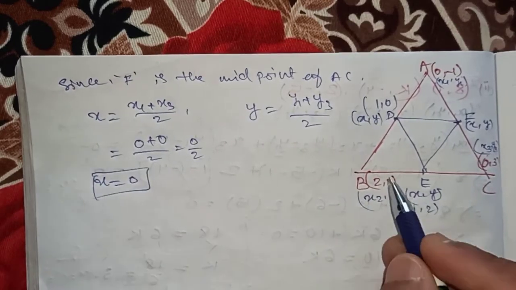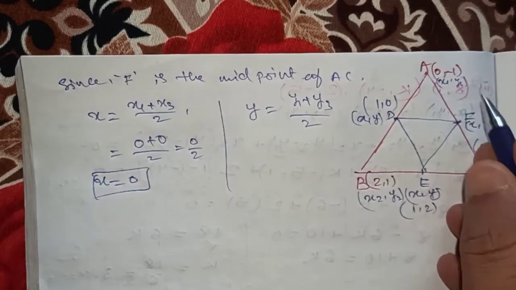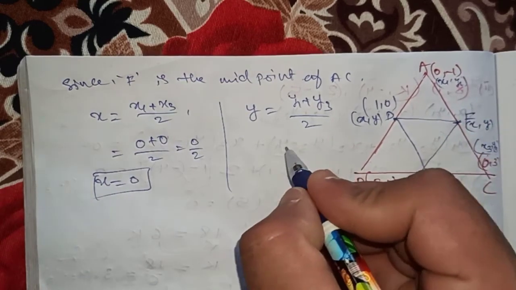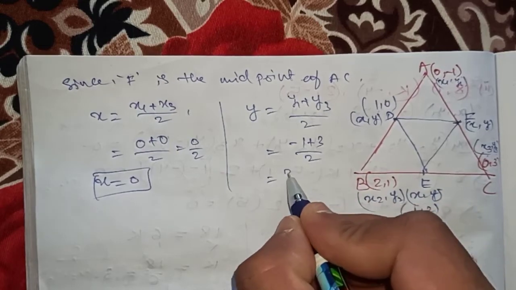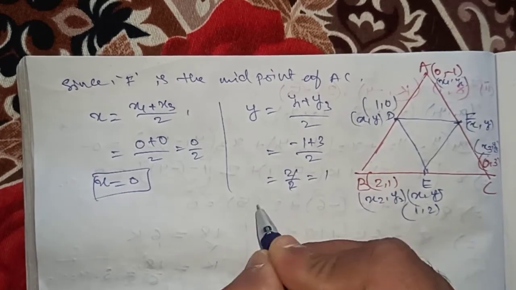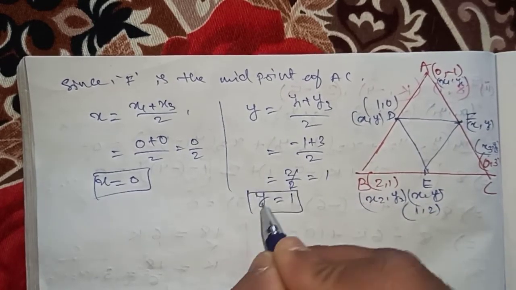So the value of x is 0. Now y is minus 1 plus 3 by 2. Minus 1 plus 3 is 2, 2 by 2 is 1. So the value of y is 1.